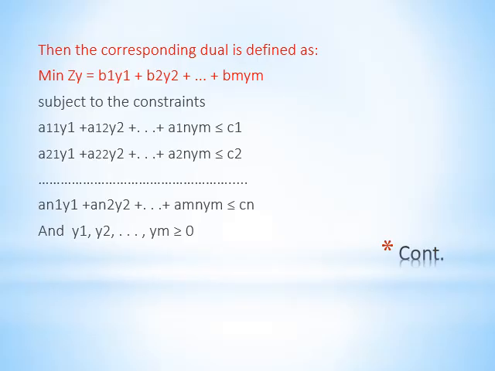The problem of maximization became a problem of minimization. Instead of maximization, the objective function should be replaced by minimization. So min z, we can say min z or min y.